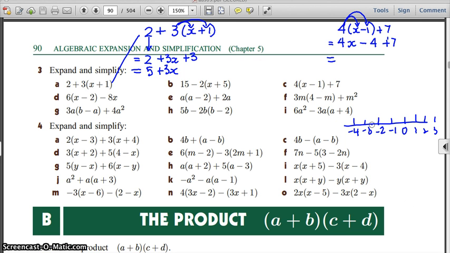So I'm at minus 4, and I'm adding 7. 1, 2, 3, 4, 5, 6, 3. Plus 3. Okay.